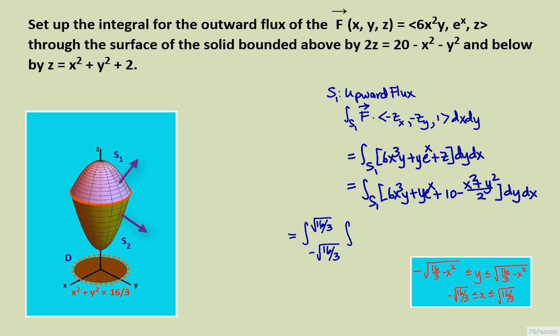The inner integral, which pertains to integration with respect to y, should go from minus the square root of 16 over 3 minus x squared all the way up to positive square root of 16 over 3 minus x squared. Then we have the integrand.